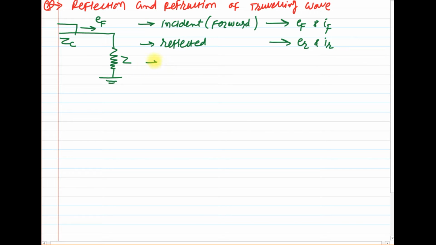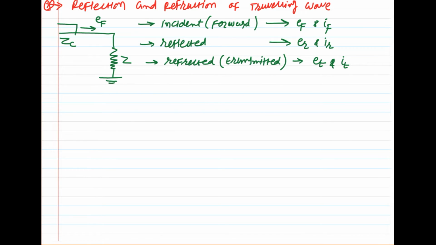And the last one is refracted, or we can say transmitted voltage or current wave, which is ET and IT. So ET and IT is the refracted or the transmitted voltage and current wave.